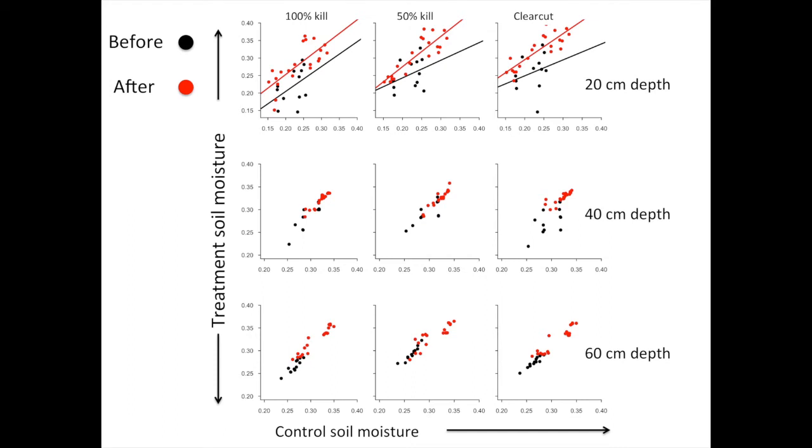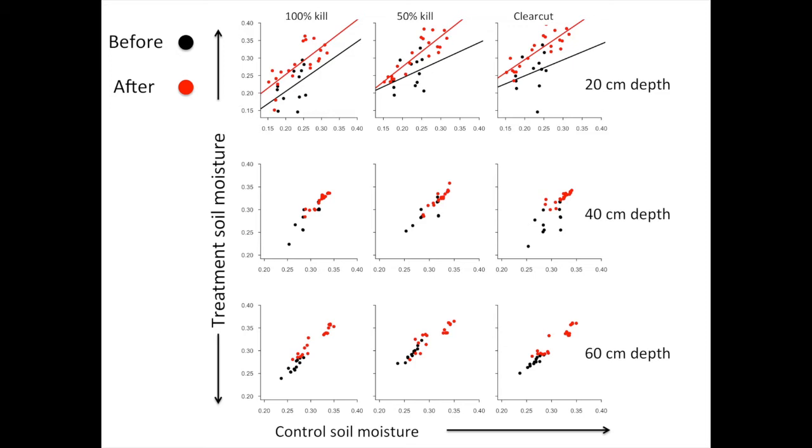This is a rather complicated graph, so let me explain. It illustrates the logic of the before-after control-impact approach, BACI, that was explained earlier. The graph summarizes the three depths we analyzed in rows.